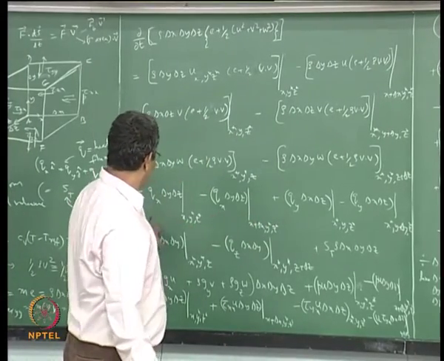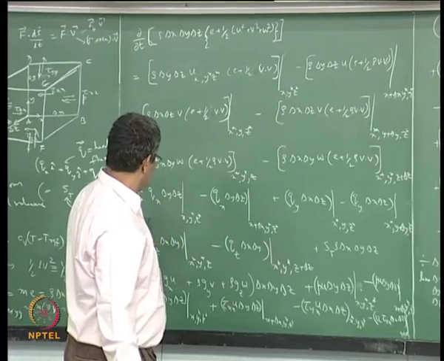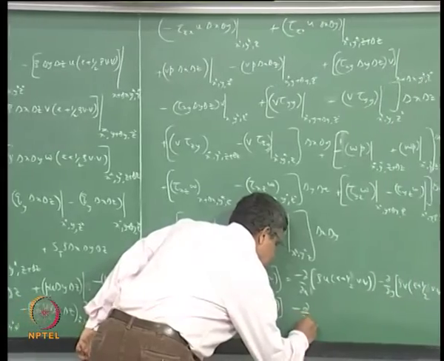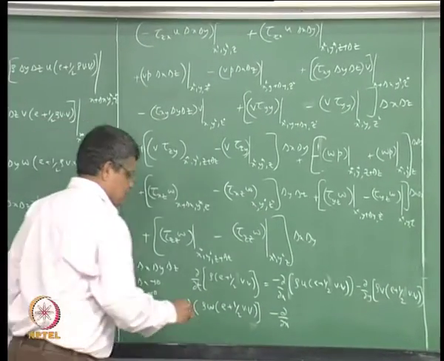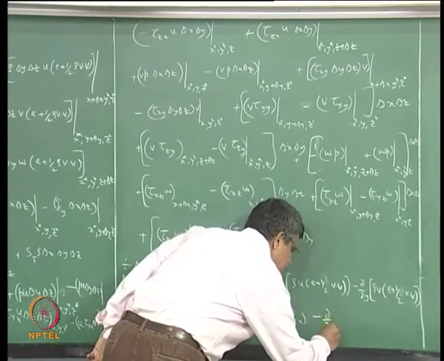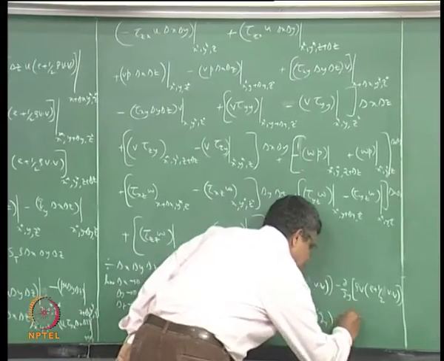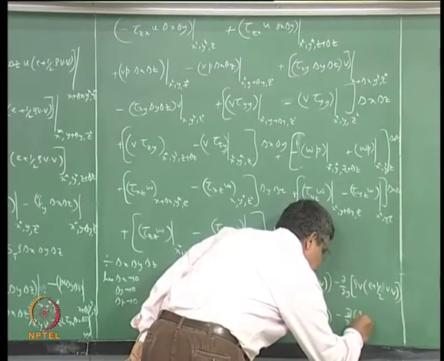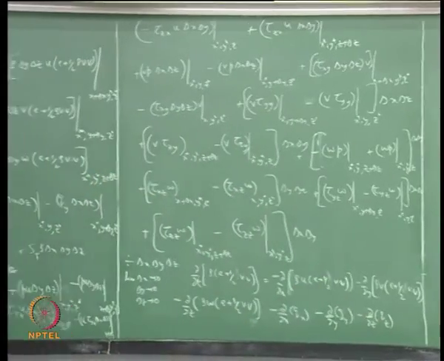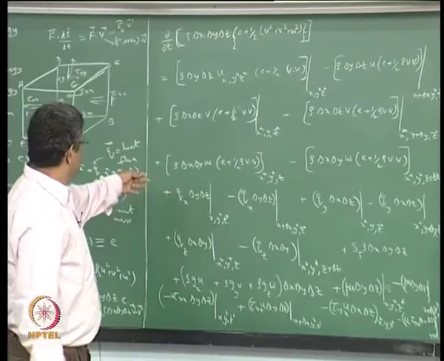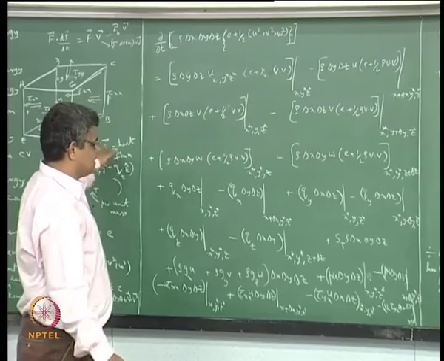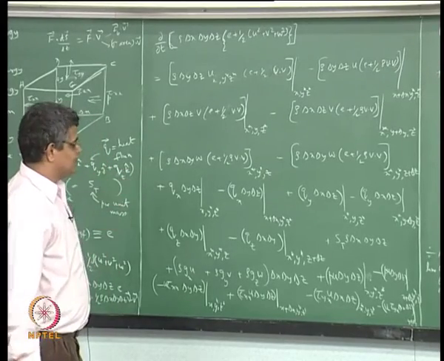These two divided by delta x, delta y, delta z, with the limit as delta x tends to 0, will give us minus dou by dou x of qx minus dou by dou y of qy minus dou by dou z of qz, where qx, qy, qz are the fluxes in the x, y, z directions of heat, that is, of the heat flux vector associated with heat conduction.